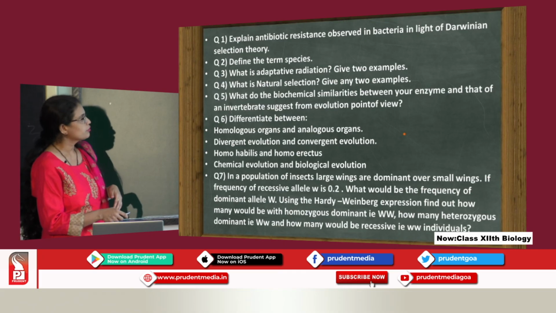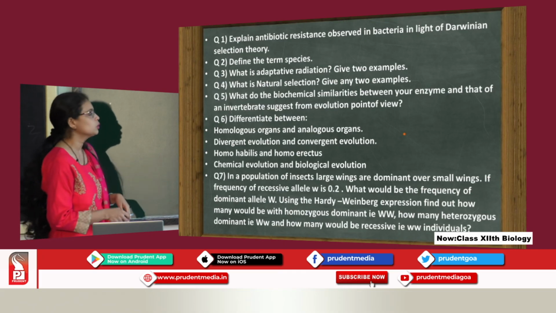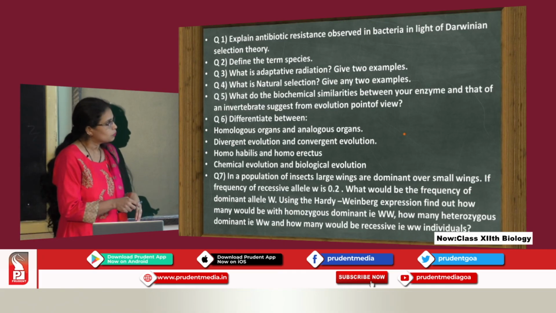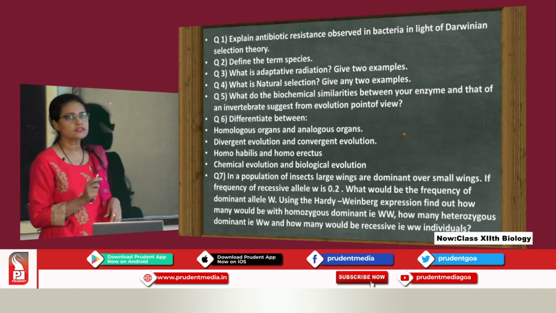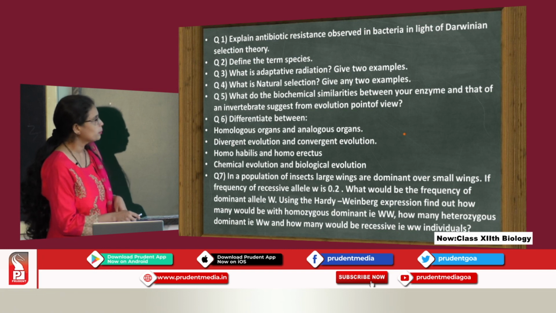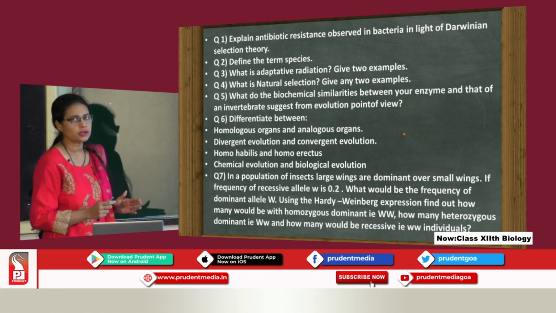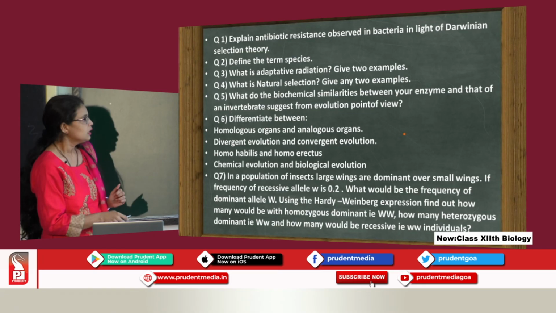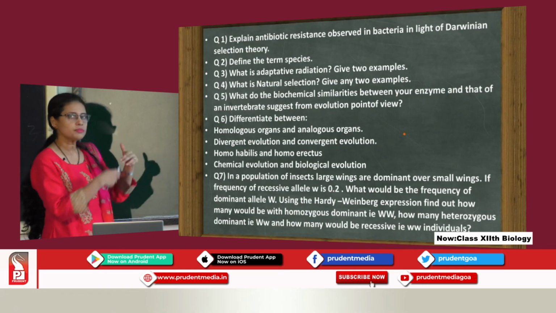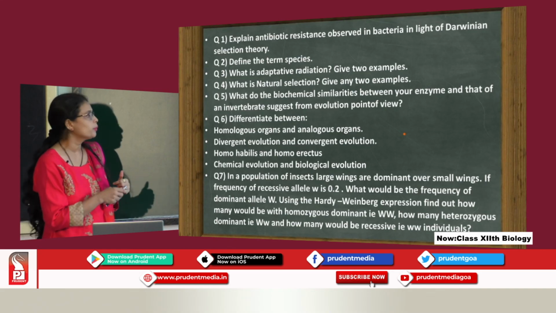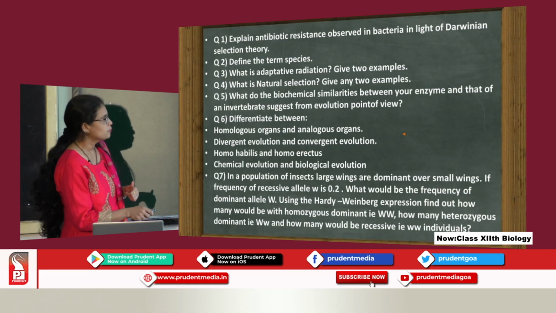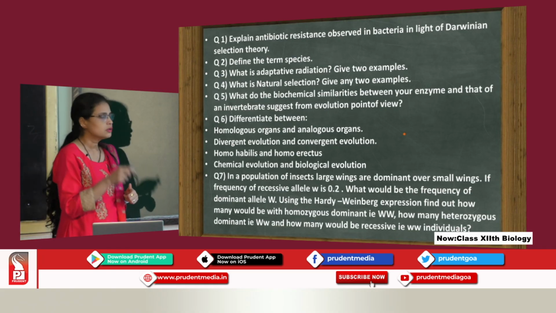In a population of insects, now this question is related to Hardy-Weinberg. I want you all to solve this kind of question because it is only then that you will understand the concept thoroughly. In a population of insects, large wing insects have the dominant feature, the dominant allele is represented by capital W and the small wings with small w.